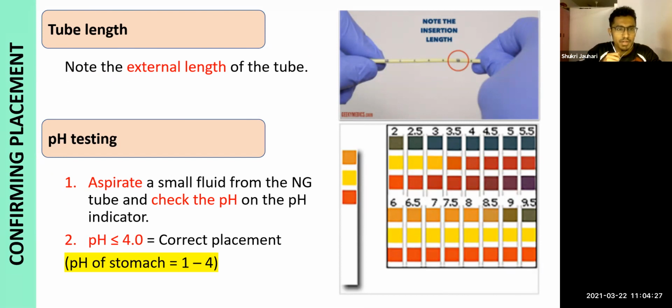Then we can do pH testing. pH testing can be done by aspirating a small amount of fluid from the NG tube and checking the pH on the pH indicator. Basically, if the pH is less than 4.0, we can determine that the tube is in the gastric, so it's correct placement, as the pH of the stomach is usually between 1 to 4. Okay, next.